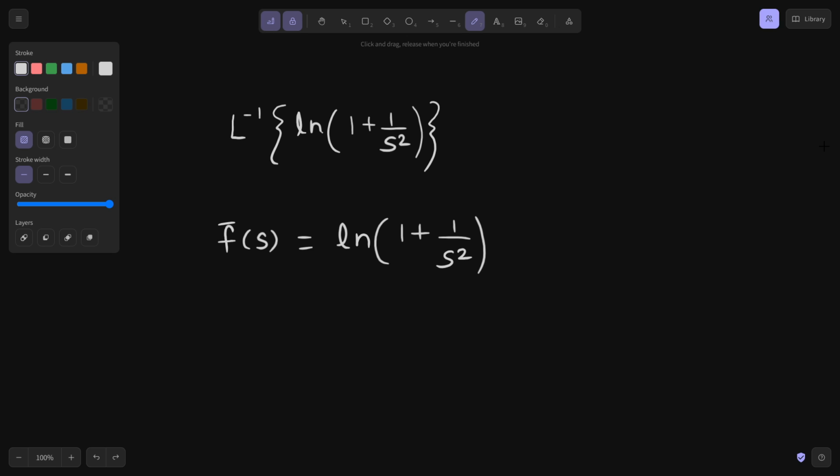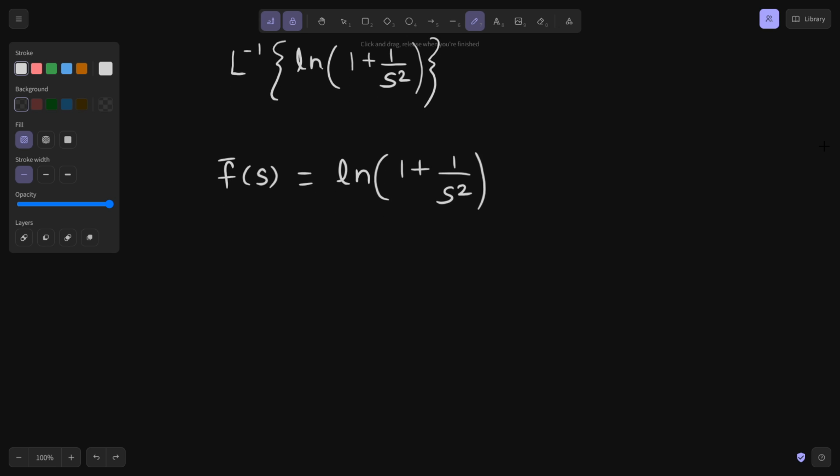So what's next? Now you know one property of Laplace transform, that if the direct Laplace transform cannot be calculated just because the formula is not there for ln(1 + 1/s²), there is an indirect approach. What is that indirect approach?